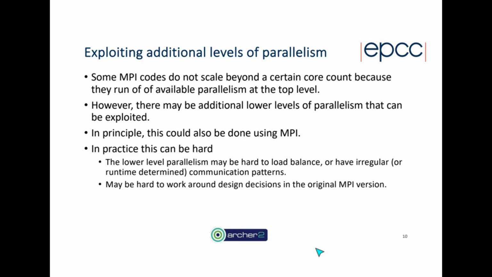So maybe a very strong motivation for using MPI and OpenMP is simply to reduce the memory requirements and be able to fit larger problems into a given number of nodes.